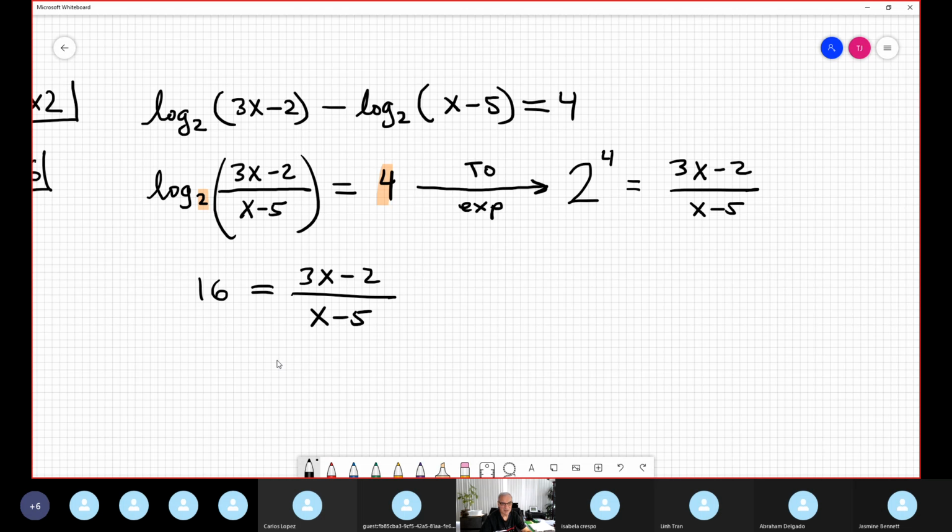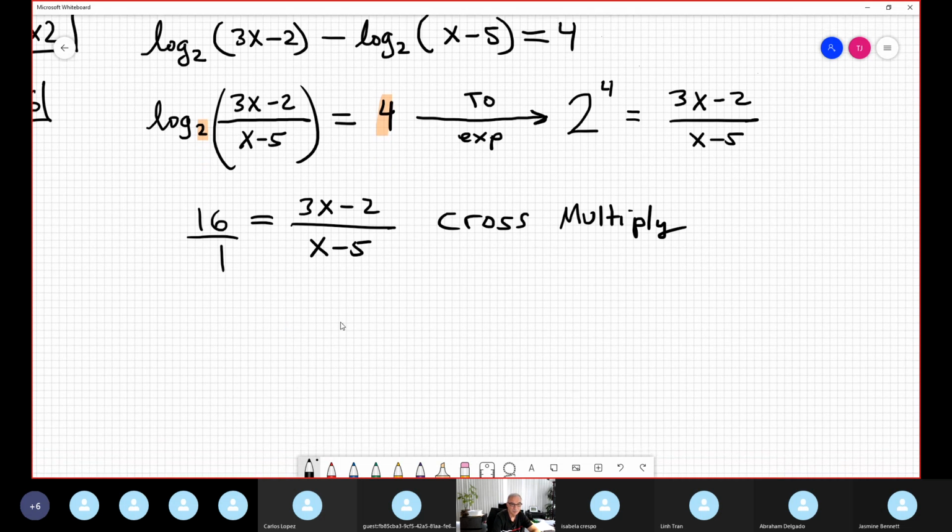And this is a super elementary equation. You apply cross multiply to delete the fraction. And you have 16 times x minus 5. I put the parentheses because 16 multiplies the whole thing, equal to 3x minus 2.